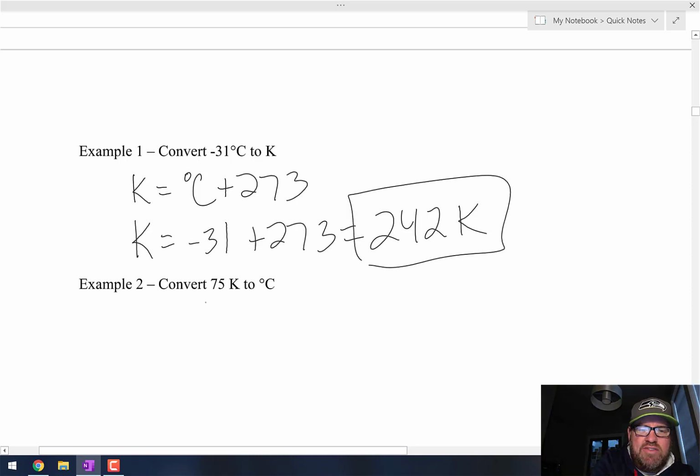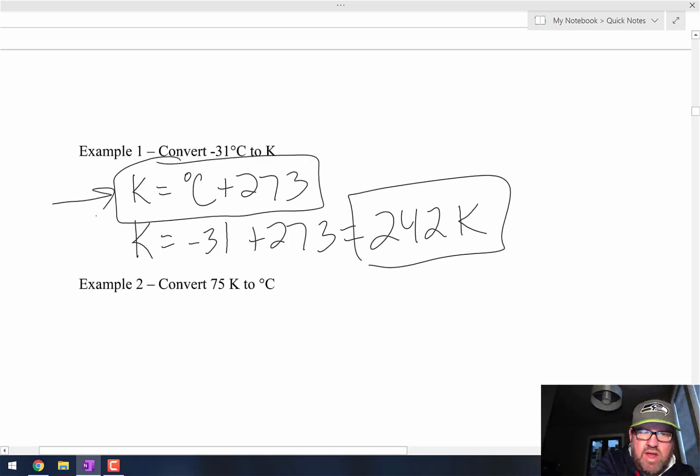Example 2, 75 Kelvin to Celsius. If you want, you can just use this equation here. You can start with that equation that is in your notes or on your equation sheet. That's the Kelvin temperature, so I can go 75 equals, see how where K was, I put the 75, the degrees Celsius plus 273.